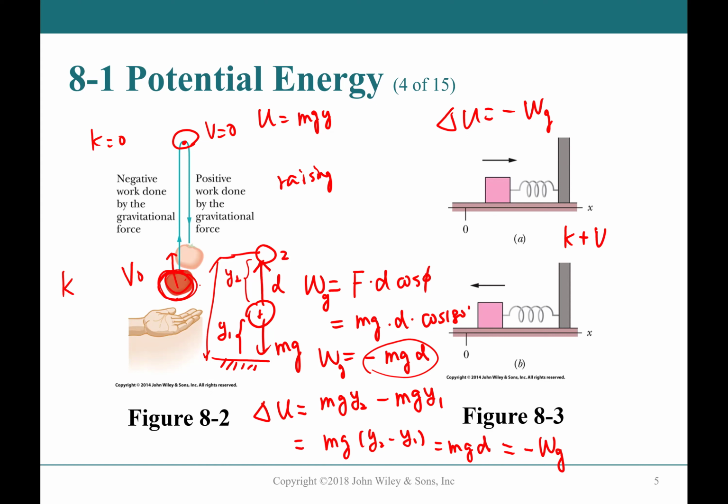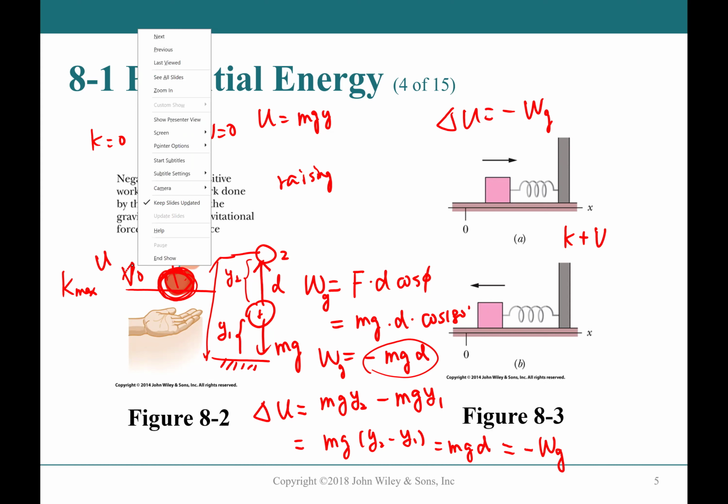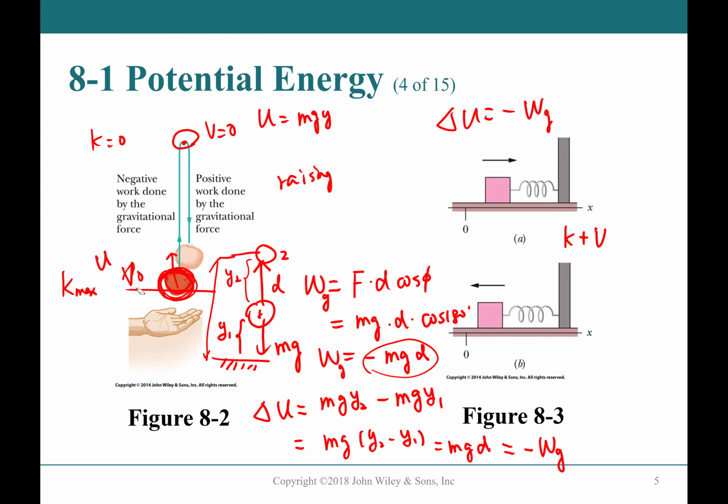In the meantime, what is changing is the potential energy, because here it's the lowest point. Potential energy depends on y. So at this point, you are going to have K maximal, but your potential energy will be minimal. And at the top point, your kinetic energy is 0 and your potential energy is maximal.